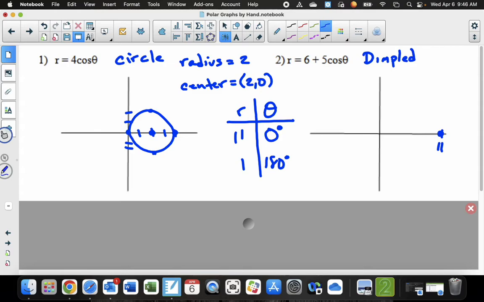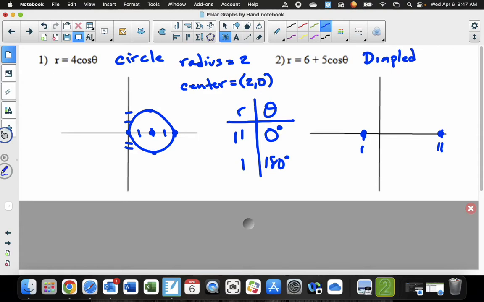As you go through and you take a look at this one, it's not 1 on the xy axis. This is an xy axis. It's 1 in the 180 degree direction. Okay? So we're actually 1 over here. Remember radius of 1, if you think about polar, if there were actual circles here, you're going 1 in that 180 degree direction. Okay? So there's your first 2 points.